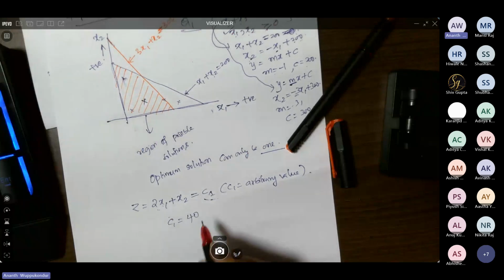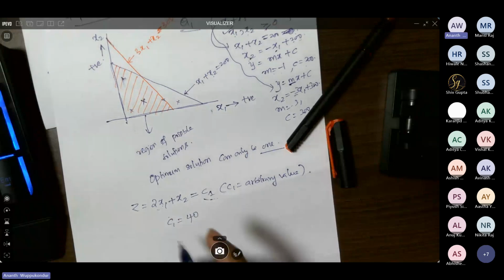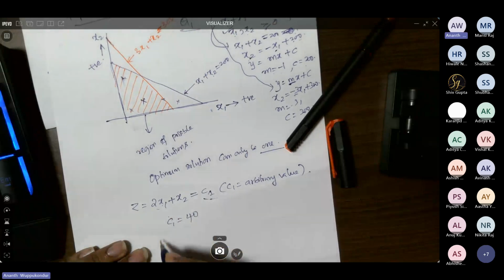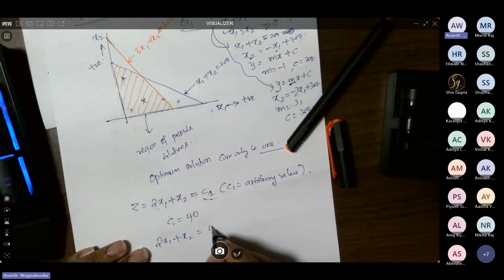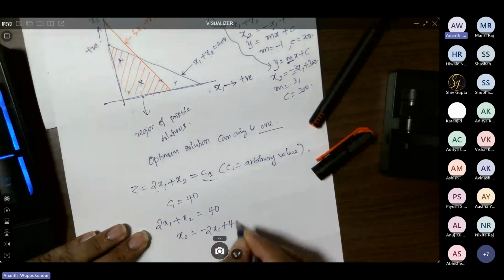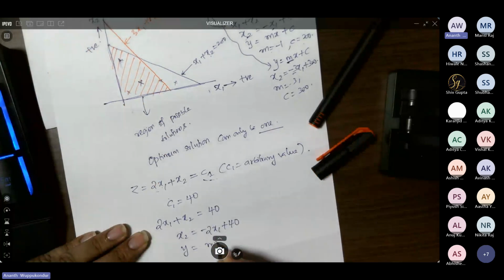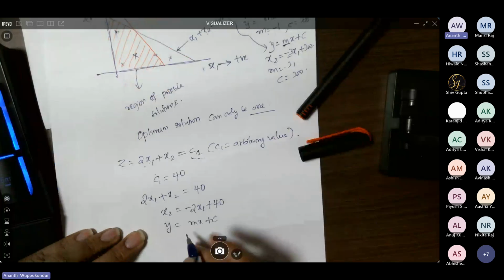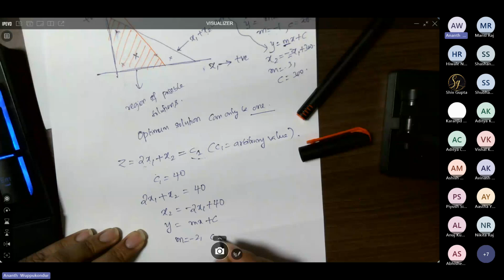Now for this given constant, I have a line 2x1 plus x2 equals 40. If I rewrite it, that becomes x2 equals minus 2x1 plus 40. This is again of the form y equals mx plus c, where my slope is minus 2 and our intercept is 40.